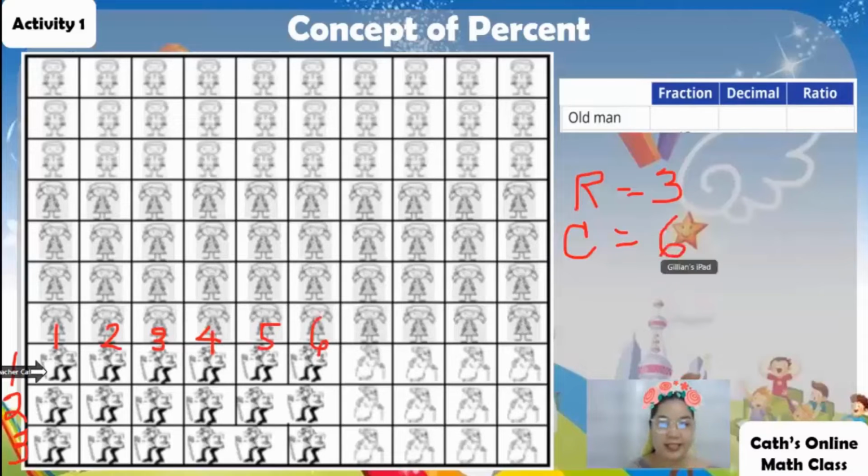There are only 6. So 3 times 6, we have 18 out of 100. Then let us try to convert this to a decimal. Let's move the decimal point twice again to the left. We have 0.18 and the ratio will be 18 is to 100.